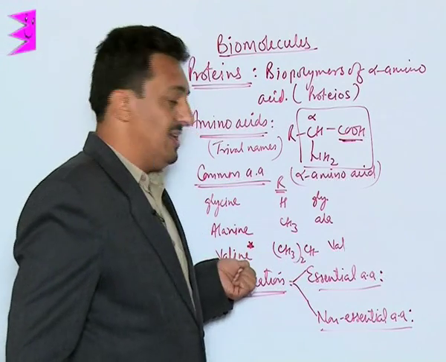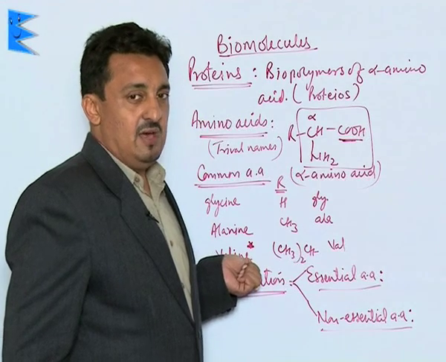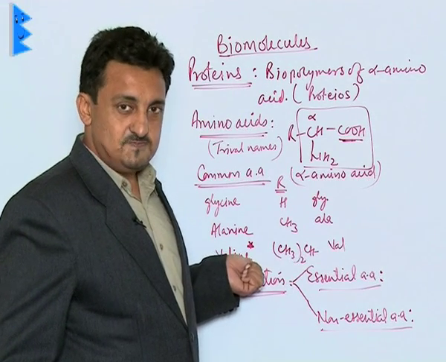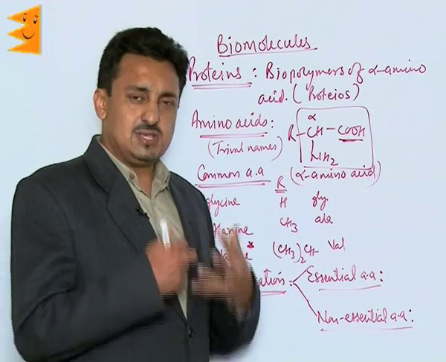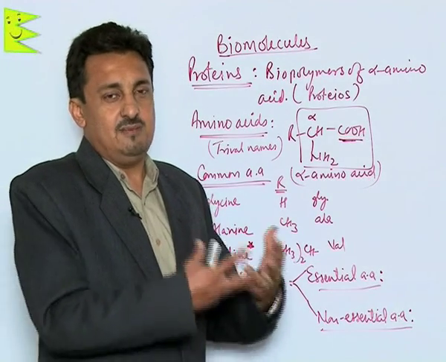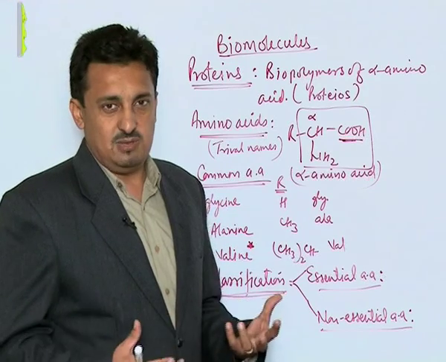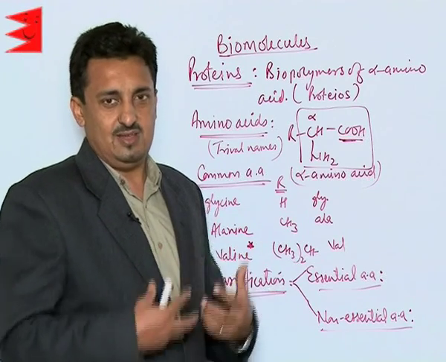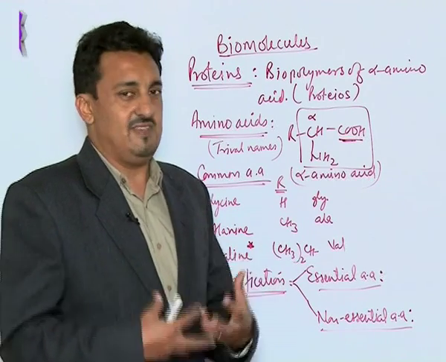Like valine is one of the important essential amino acids. Non-essential amino acids are those which are synthesized in our body itself, so there is no need to take them in our diet regularly, because our body is capable of synthesizing them.